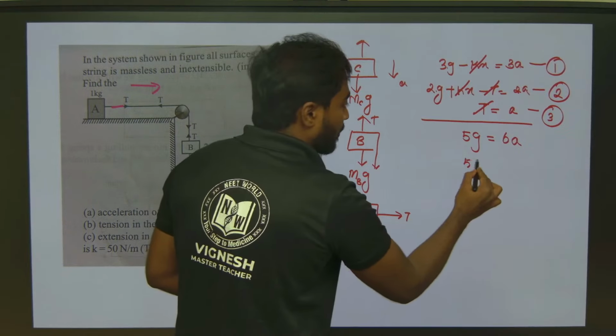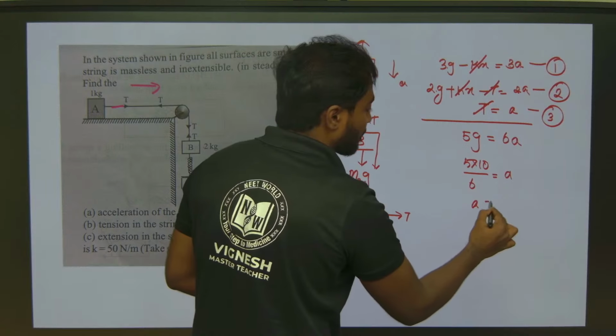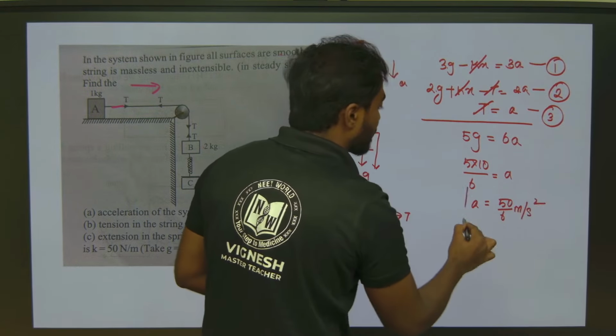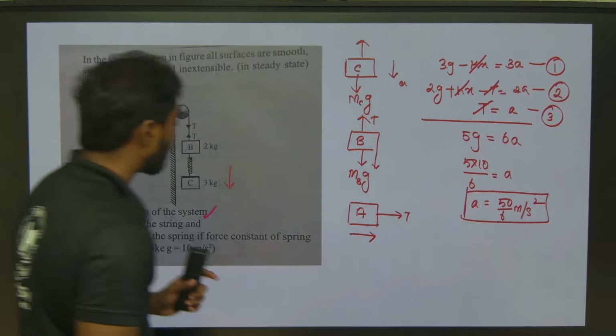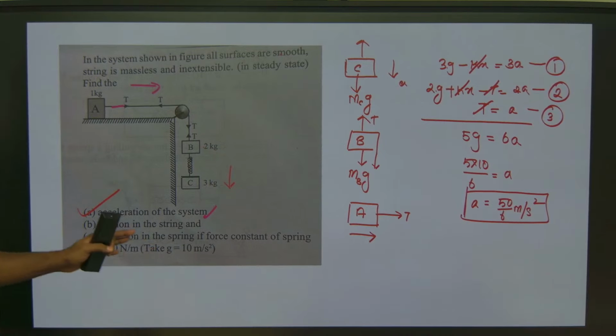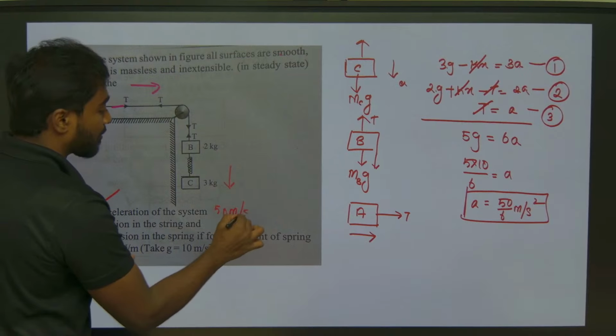So 5 into 10 divided by 6 equals the acceleration, which is 50 by 6 meter per second square. So this is my answer for the acceleration, the first question, which has been completed.